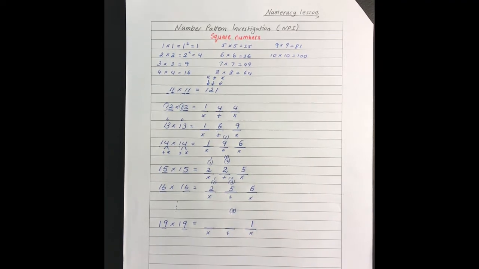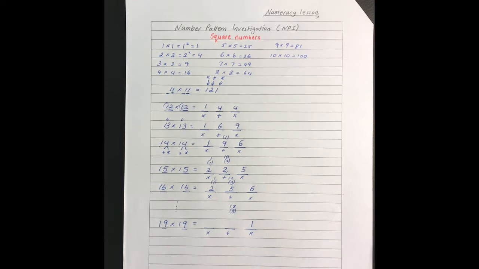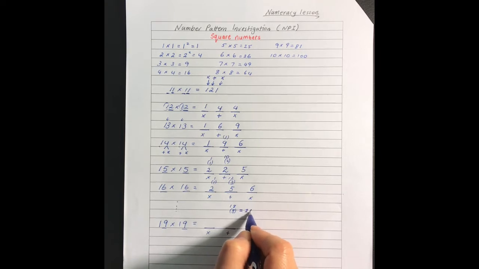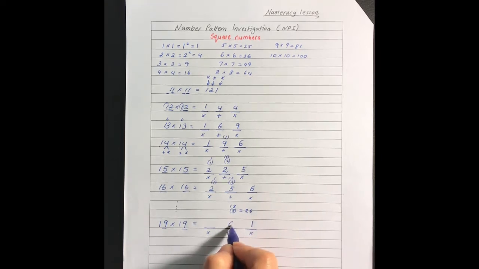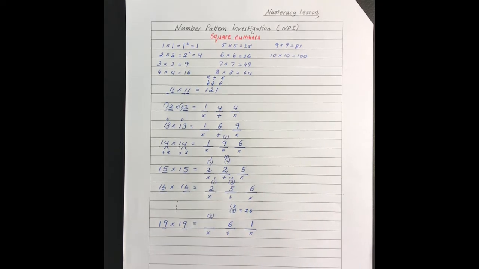And then 9 plus 9 is 18. So I'm going to add that. 18 plus 8 will be 26. So 6 down, 2 up. And then 1 times 1 is 1. So it'll be 361.